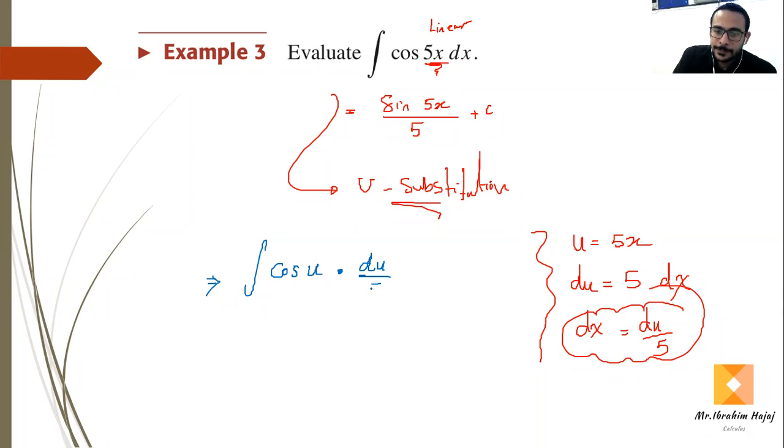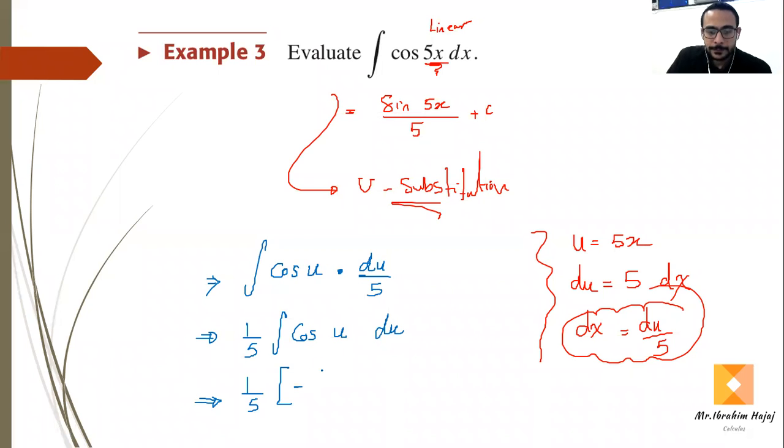So we take the constant 1 over 5 outside, and then the integral of cosine u du is sine u. So we have 1 over 5 sine u, then put 5x back, plus c. I wanted us to do it with substitution as well so we get used to it.